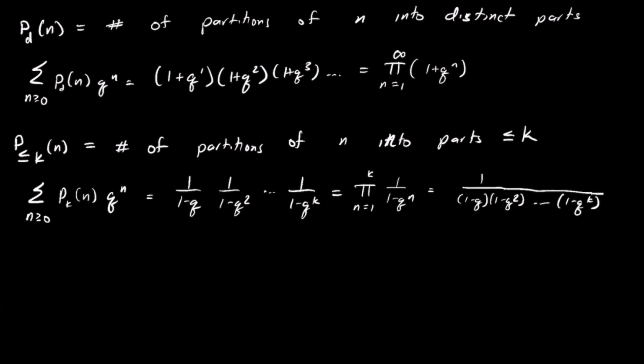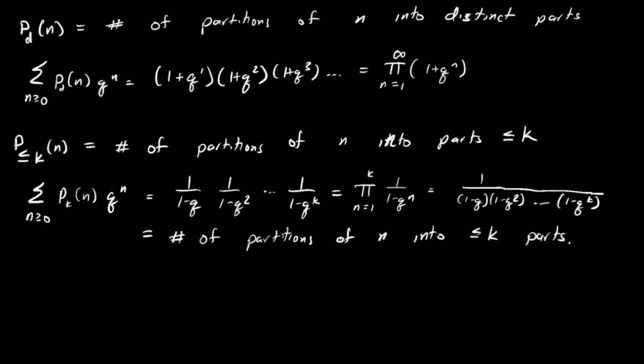And if you remember our earlier theorem using our diagram, the number of partitions here is the same as the number of partitions of n into less than or equal to k parts, right? So this is also equal to the number of partitions of n into at most k parts.